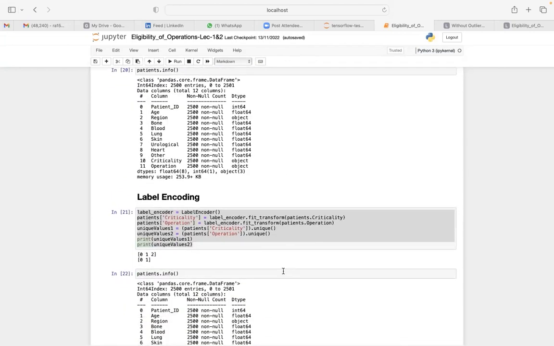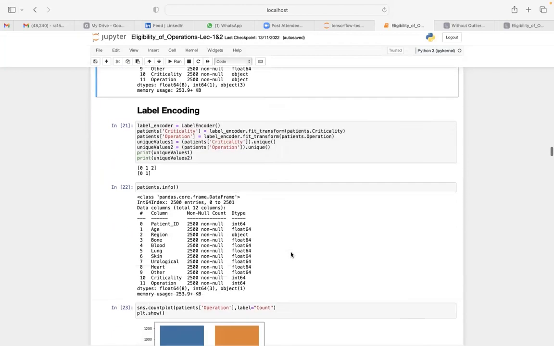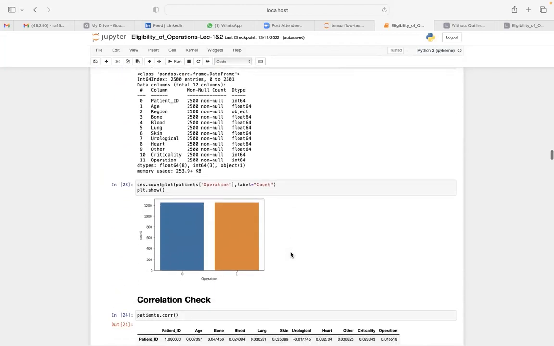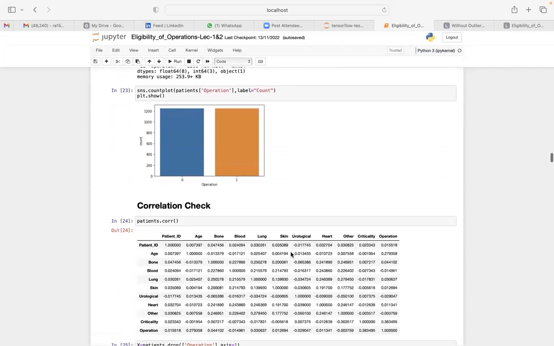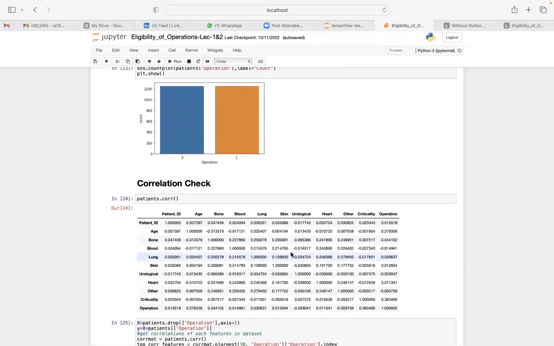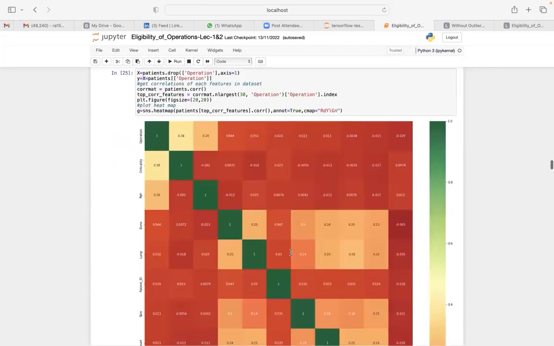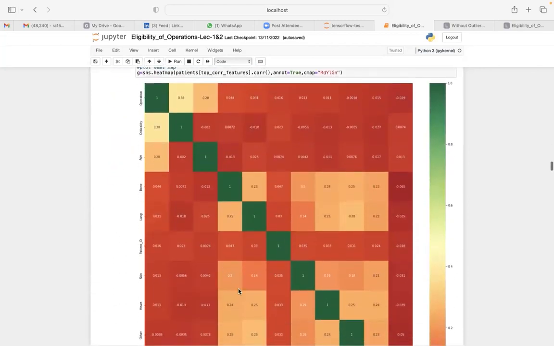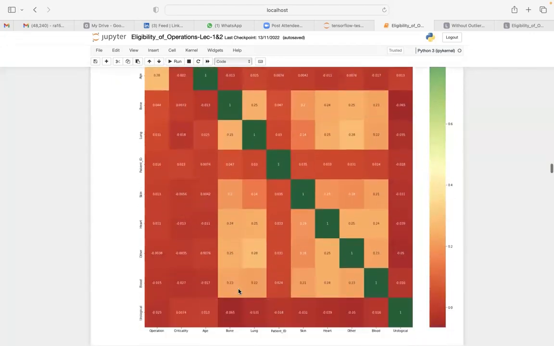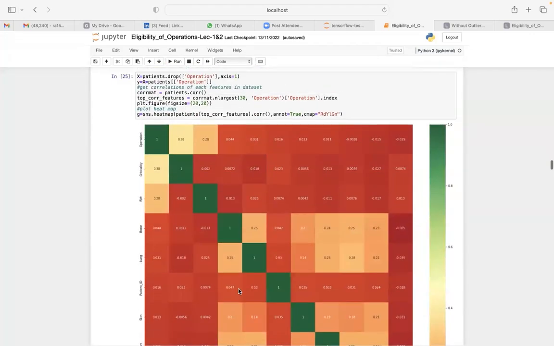And finally, we prepared the data for modeling. So we did the label encoding, and then we saw the balance of the data: how much percentage is yes, how much percentage is no. We did the correlation check. We saw that our data is not at all highly correlated, and only the two columns, age and criticality of the patient, matter a lot in terms of operation.